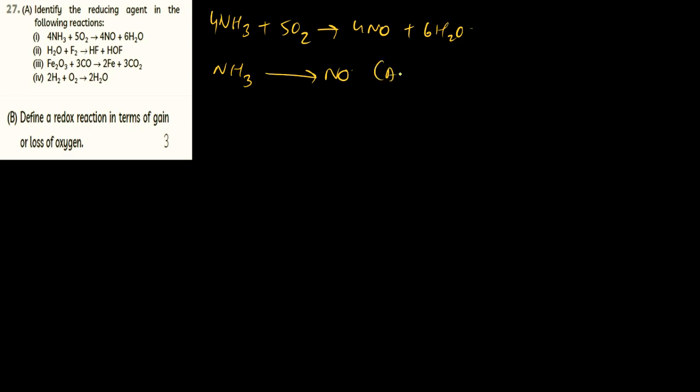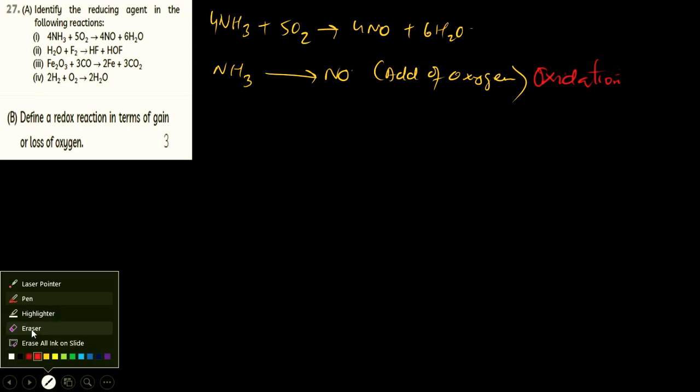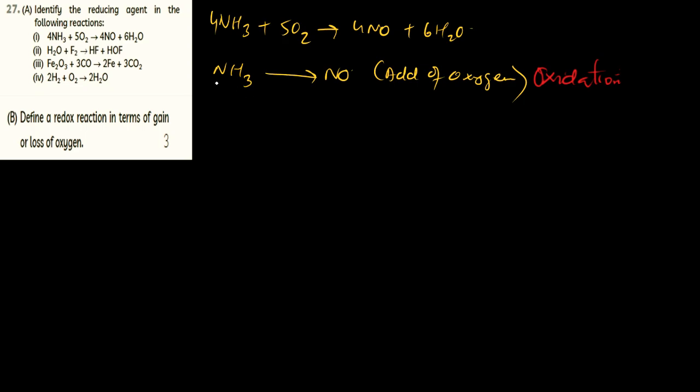So it is just addition of oxygen, or it's also removal of hydrogen. Addition of oxygen is oxidation, or it's also removal of hydrogen. Look at this, nitrogen is having 3 hydrogen atoms in the ammonia molecule, but in the product nitrogen doesn't have any hydrogen atom attached to it.